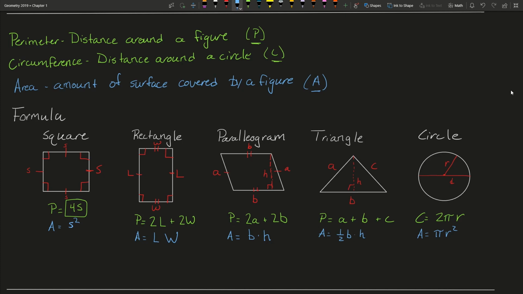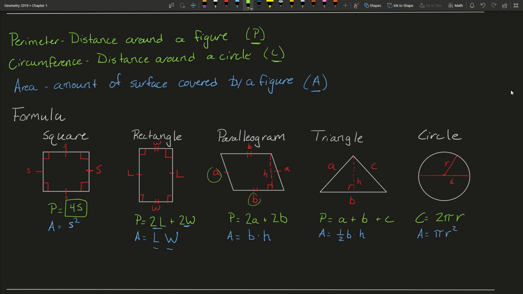The perimeter of a rectangle is 2 times the length plus 2 times the width. And the area of a rectangle is the length times the width. The perimeter of a parallelogram is 2 times the A side plus 2 times the B side.